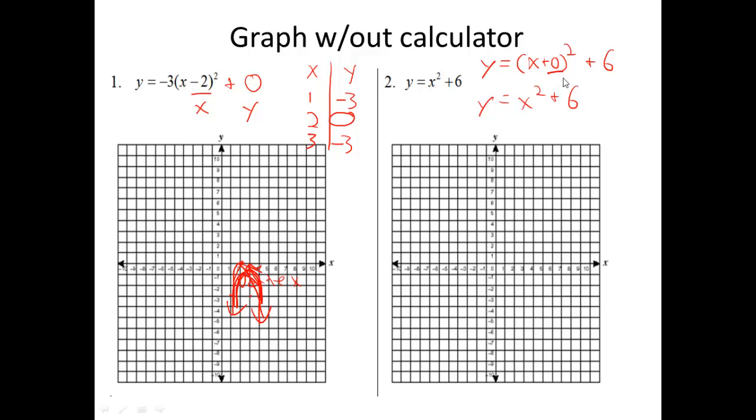So what we see here is that we have a vertex form, and again, that is our x and our y. So we're not going to change anything in x. We're going to go up 6 in y. 1, 2, 3, 4, 5, 6. Put a dot there.